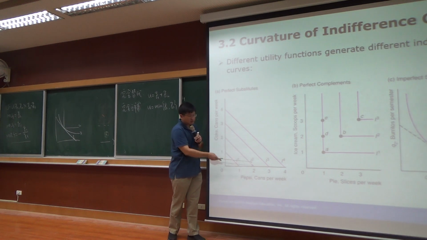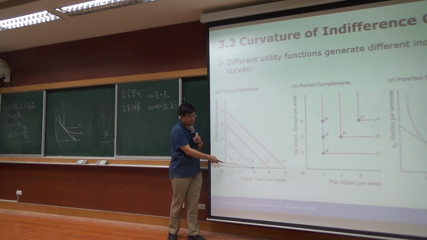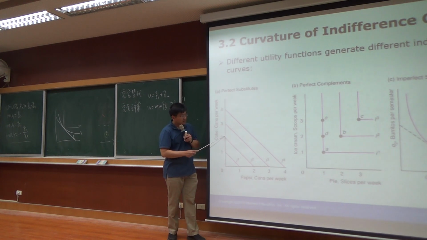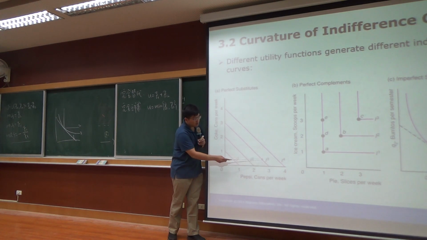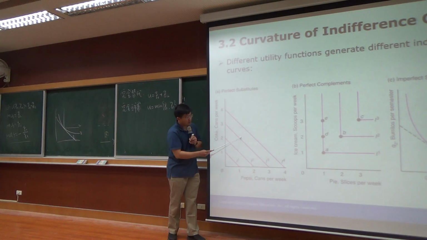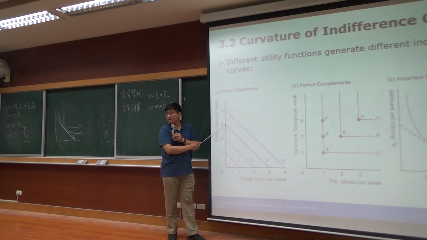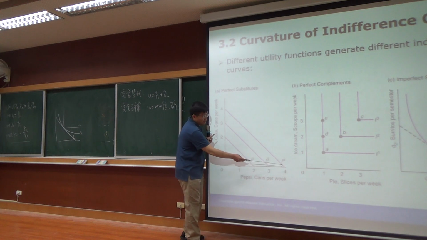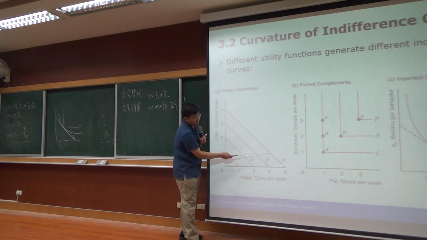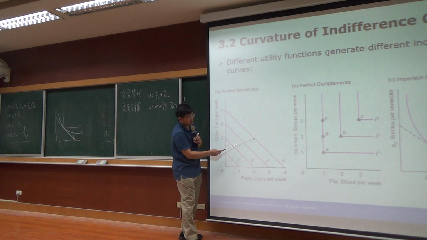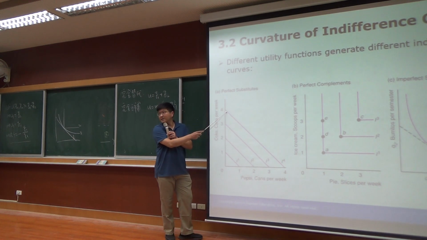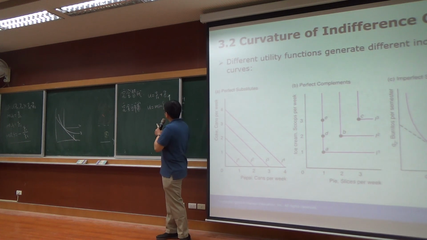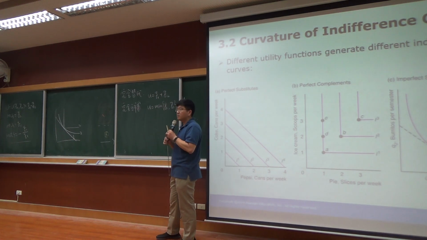And this would be 2 because these points are 2, 0, 1, 1, 0, 2. Their sums are 2, right? And 3: 0, 3, 1, 2, 2, 1, 3, 0. And 4: 0, 4, 1, 3, 2, 2, 3, 1, 4, 0. Okay? So this form is the so-called perfect substitute.